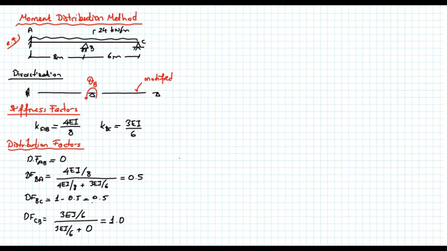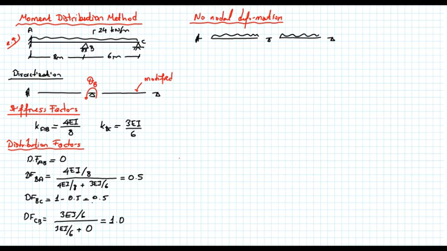Now let's figure out the case with no nodal deformations in the structure. What are my loads? Remember that we calculate this by calculating the fixed end moments. So no nodal deformations. Again, let's show the discrete version of the structure. Member AB, member BC, uniformly distributed load here.